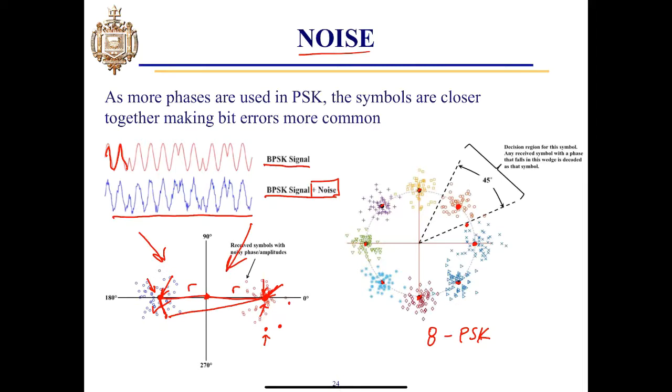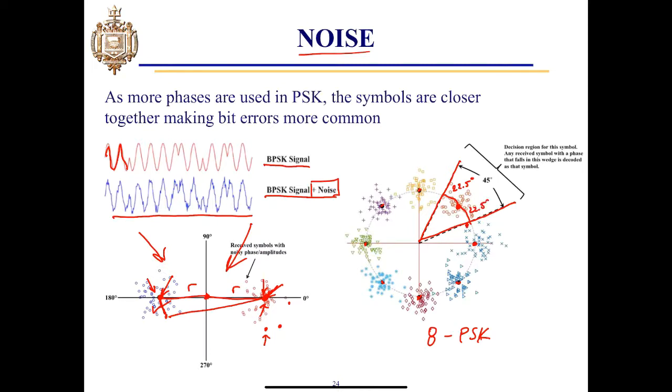Notice that the bounds of that symbol is 45 degrees, or 22.5 degrees from that symbol. So each of these is 22.5 degrees of error on either side, plus or minus 22.5 degrees.